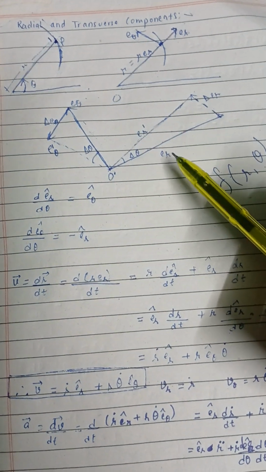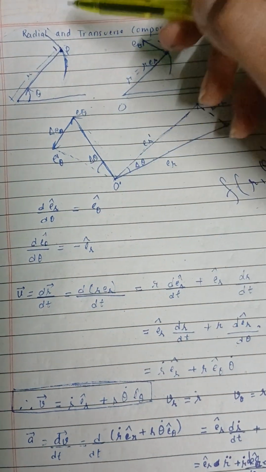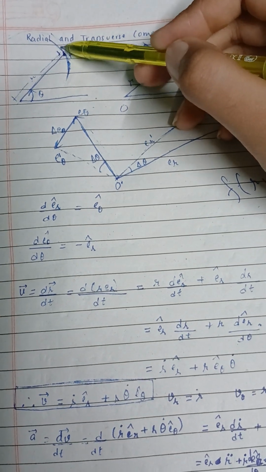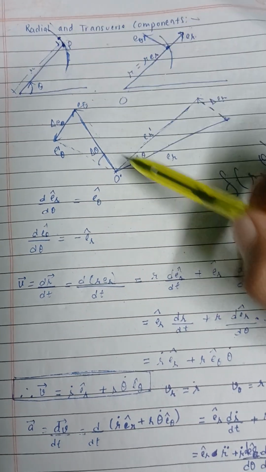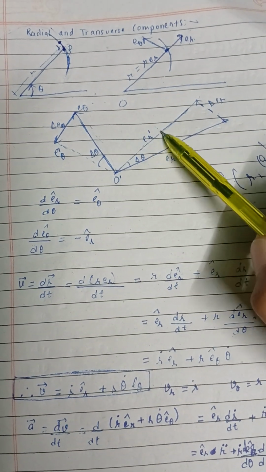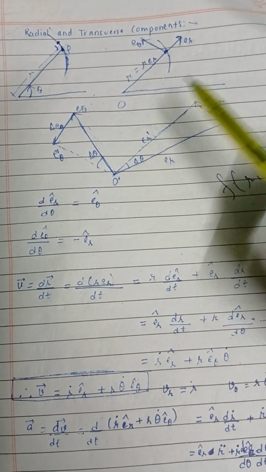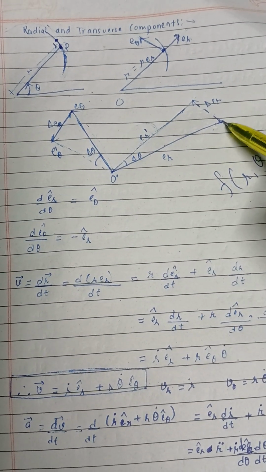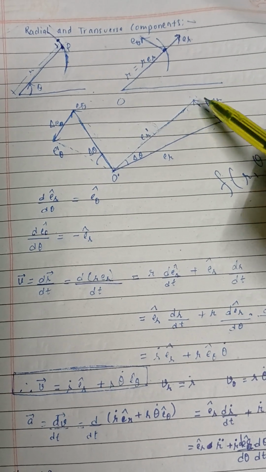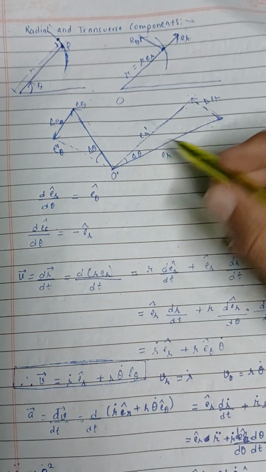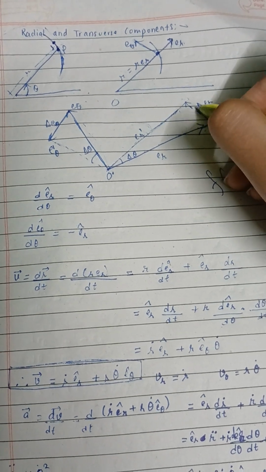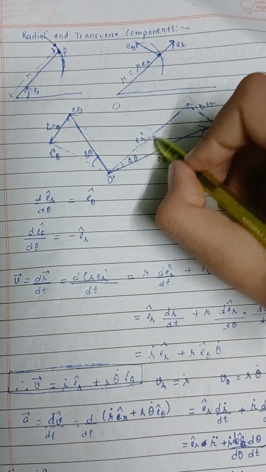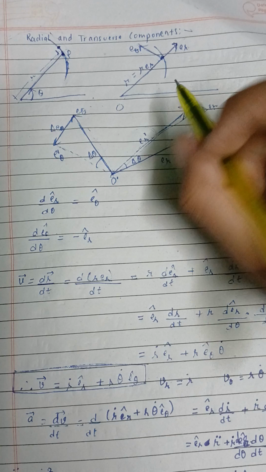After a certain time instant where the points are very close to each other, in this path, an ER dash vector introduces itself. Here we get del ER, which is the difference. Simply following the triangle law, we know that ER plus del ER will be equal to ER dash.